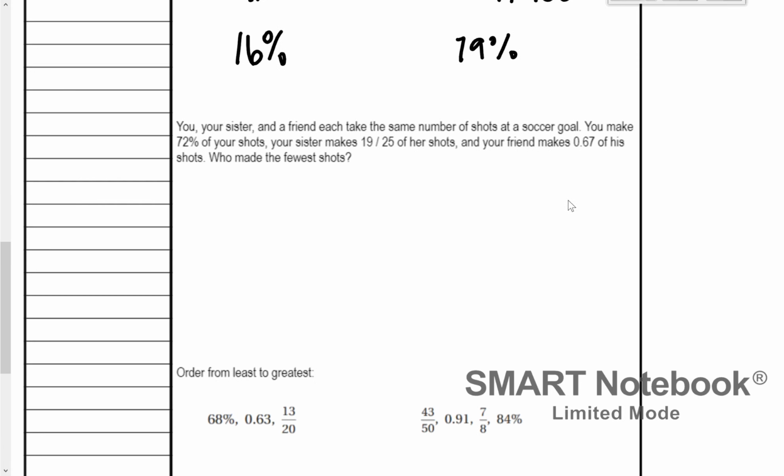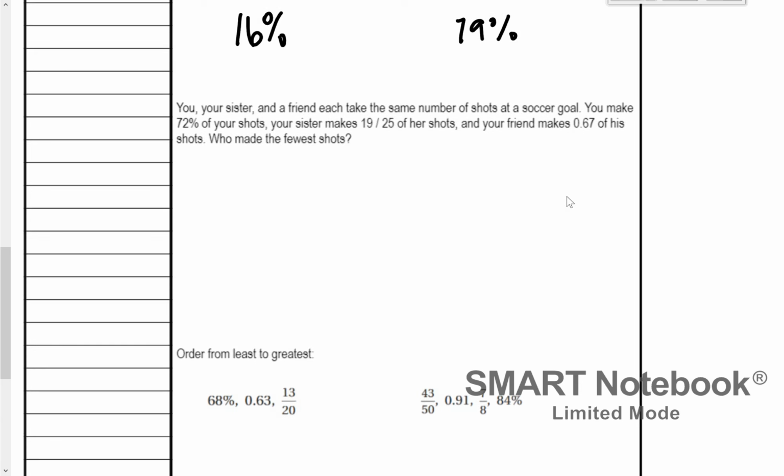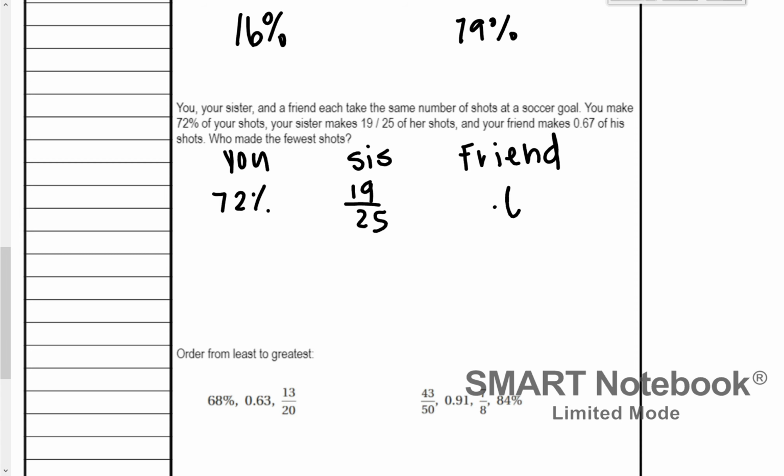You, your sister, and a friend take the same number of shots at a soccer goal. So we have you, your sister, and your friend. You make 72% of your shots. Your sister makes 19 out of 25. Your friend makes 0.67 of their shots. Who made the fewest shots? Again, I think the easiest way is to make them all decimals.